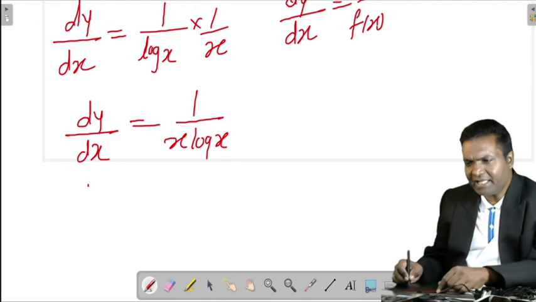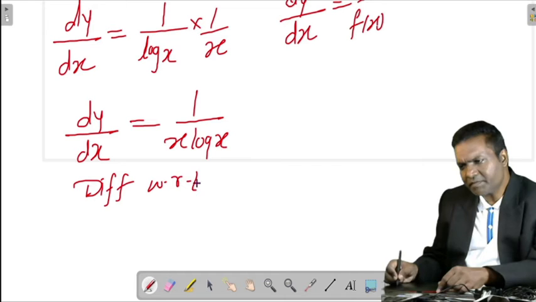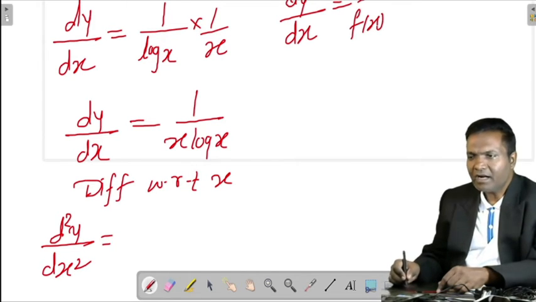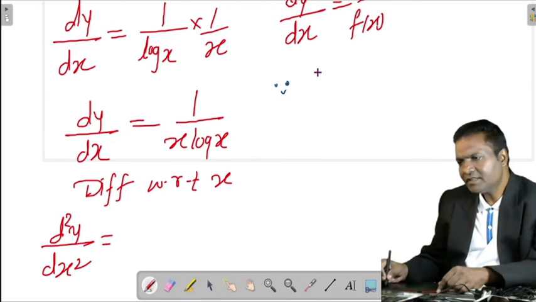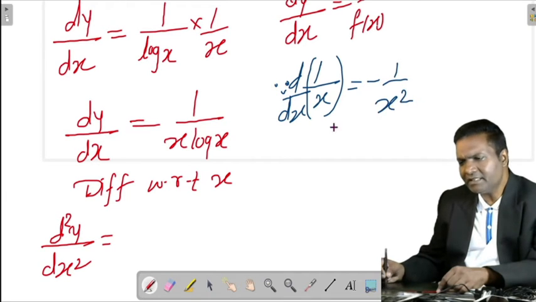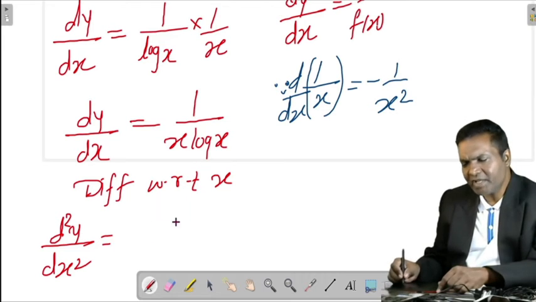We want the second derivative. Differentiate with respect to x again. So d square y by dx square equals, again look at this, derivative of 1 by x. Derivative of 1 by x is minus 1 by x square. In the same form, it is derivative of 1 by some function, here x log x.